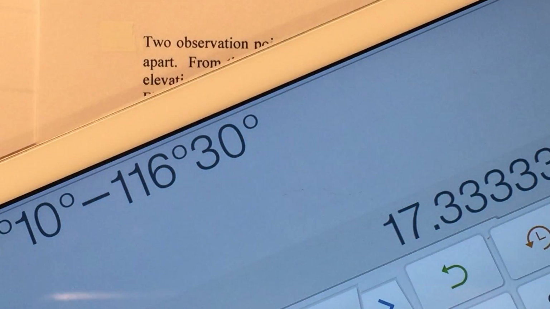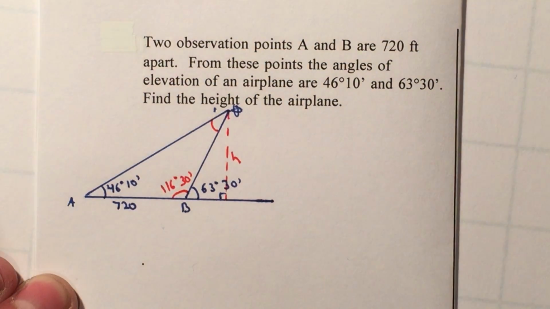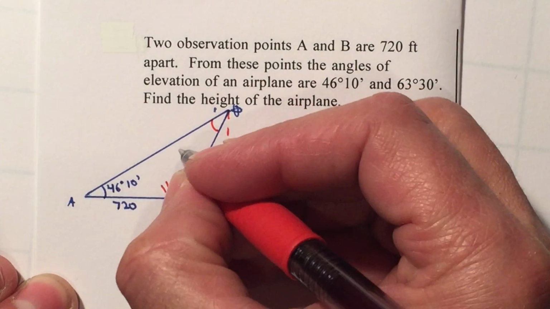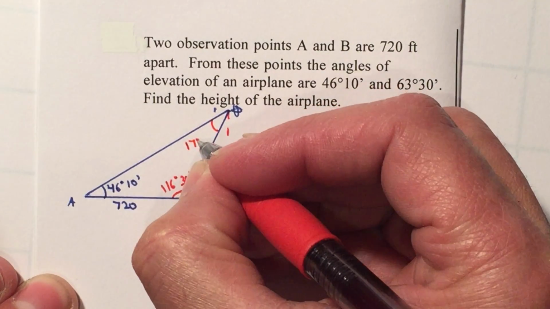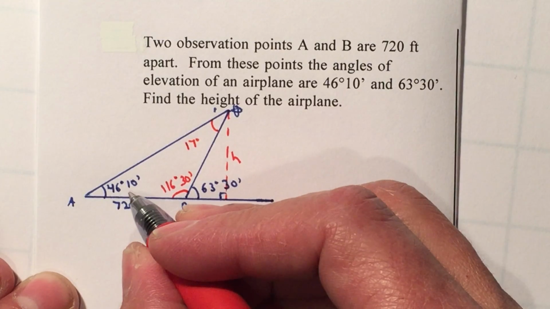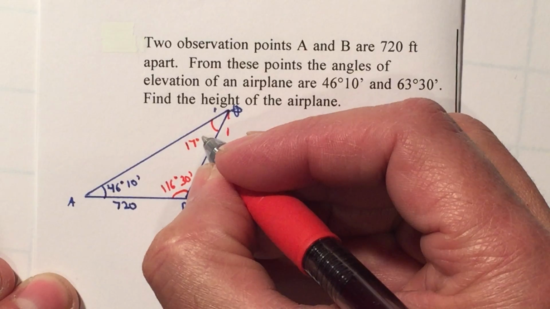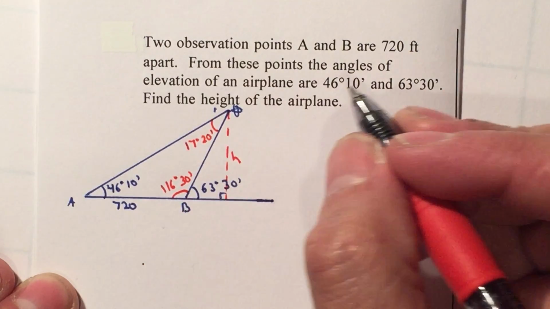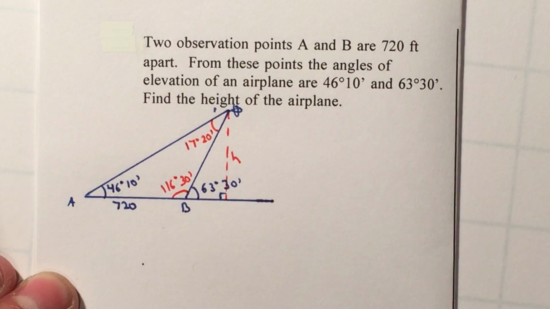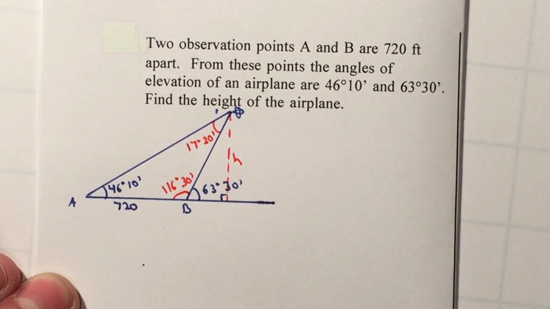And that gives me 17.3. So therefore this angle here is 17 degrees. And how many minutes? This is 10 minutes. This is 30, so it's a total of 40. So therefore there's 20 minutes left. If not, just multiply 0.333 times 60, and that gives you 20 as well.